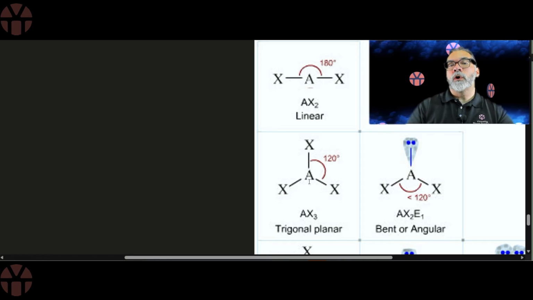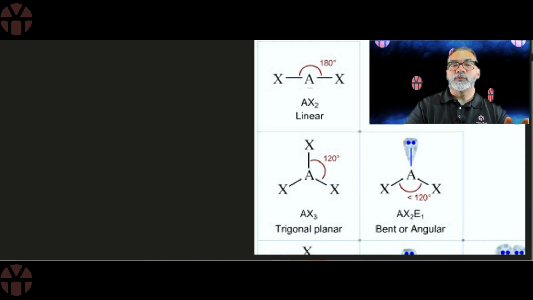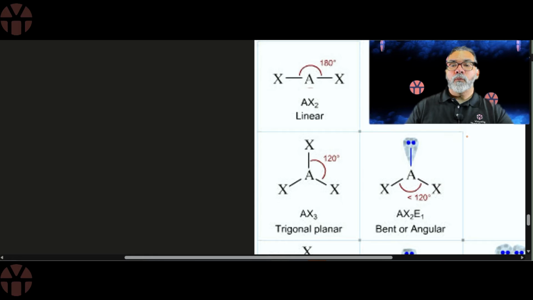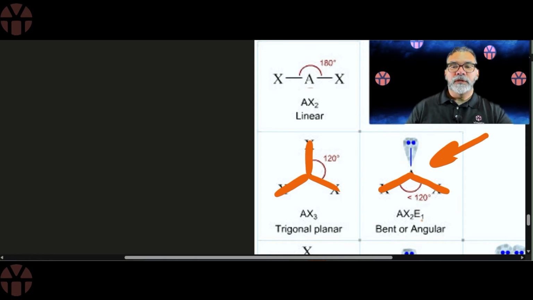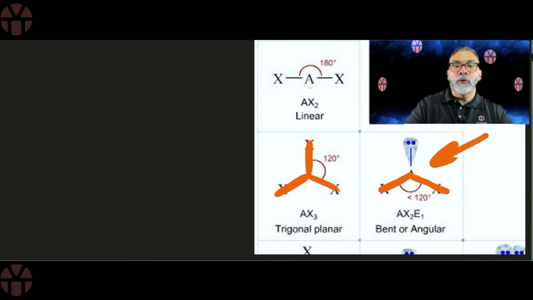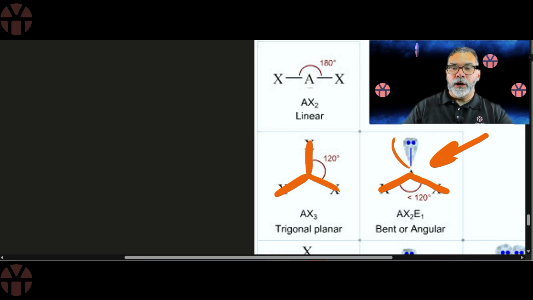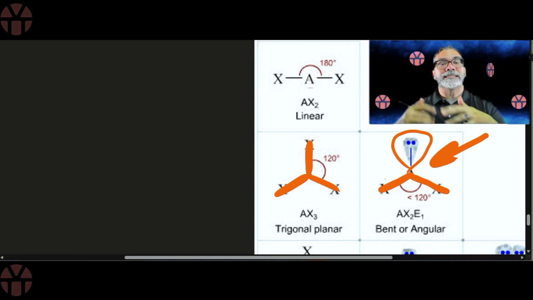Now, what we're going to be moving towards, and we'll be speaking about shortly, is what happens when, instead of having a bond on the left, we only have these bonds here and a lone pair now exists up top. This is going to cause extra repulsion.